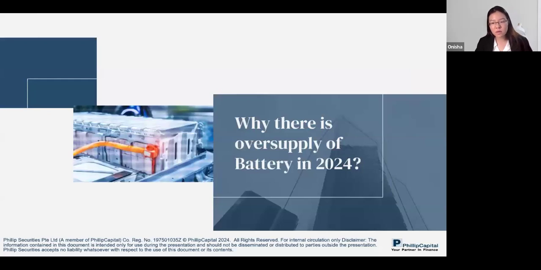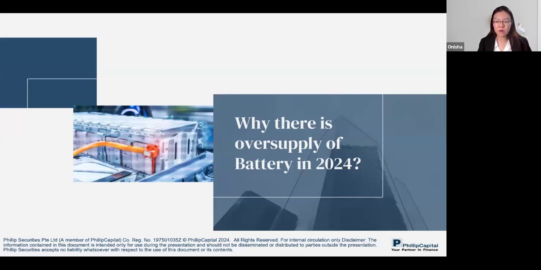Now, let's look in depth at why there is an oversupply of batteries in 2024. Installation of solar or batteries has not been cheap for the past 2 years. So battery manufacturers enjoyed a solid margin for the past 2 years.